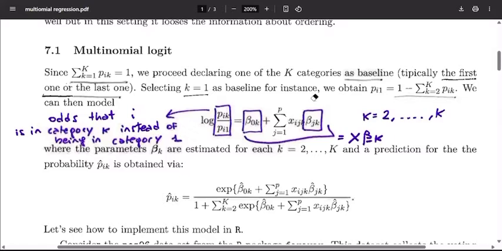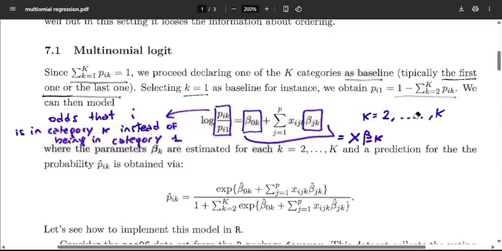And I'm going to equate all of that to the systematic part. When you take a look at the systematic part, the beta null, the beta j for each k, we are actually going to compare one category at a time with the one that is referenced. One category at a time with the one that is referenced. That is what that is talking about.